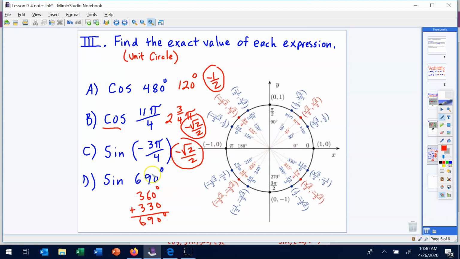So the angle that's coterminal with 690 degrees would be this 330 degree angle. All the way around 360 plus another 330. And sine, again, refers to the y coordinate of that ordered pair. And so my answer would be negative 1/2.